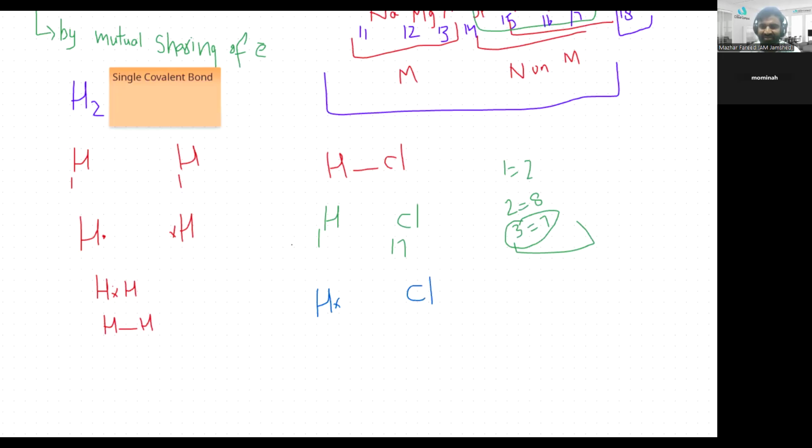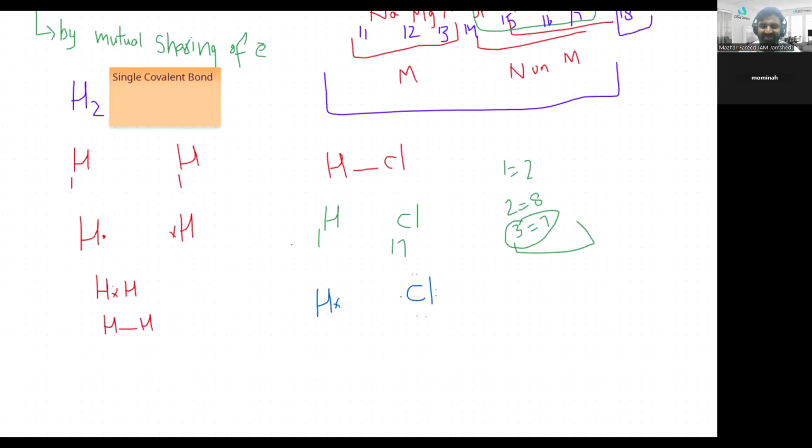You put these electrons like dots: 1, 2, 3, 4, 5, 6, and you will put one here, because it needs one electron to become stable. When it gains this cross electron from hydrogen, it completes its 8 electrons.